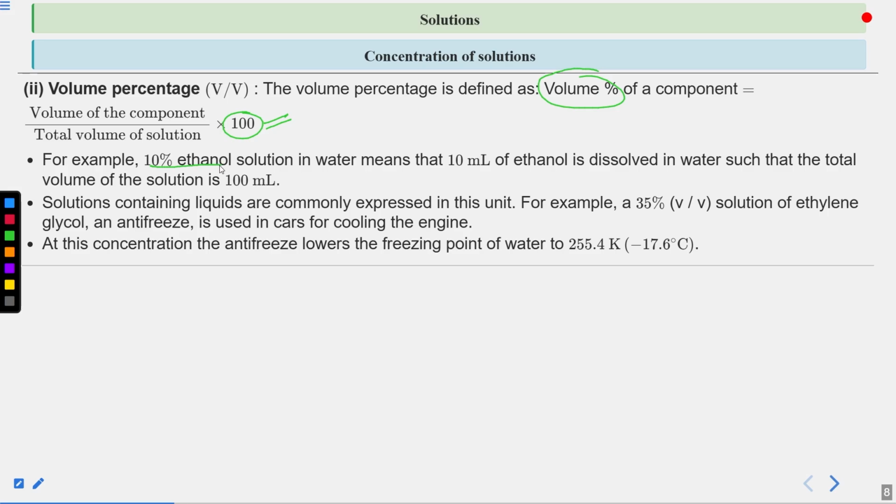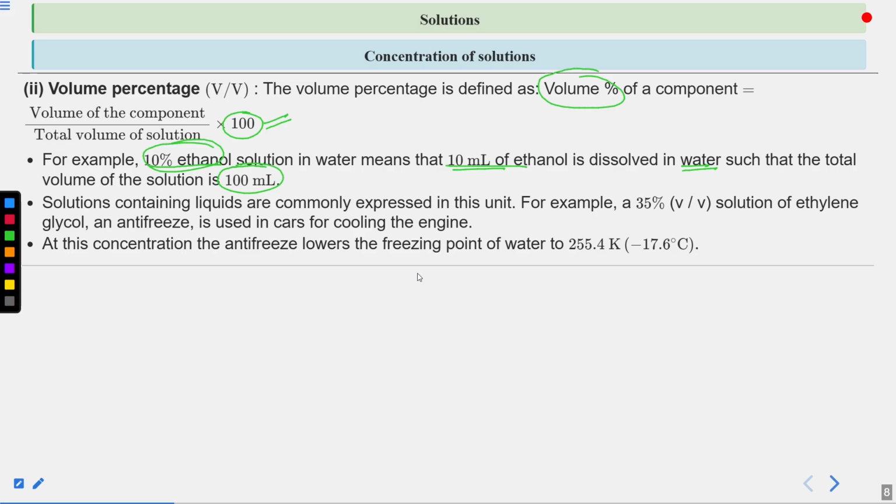Take a 10% ethanol solution in water, which means we have 100 ml of solution in which 10 ml of ethanol is present, and the rest is present as water. Now remember that this 90 ml water part is taken because we are considering that we have only ethanol and water in the solution. It's simply a binary solution.